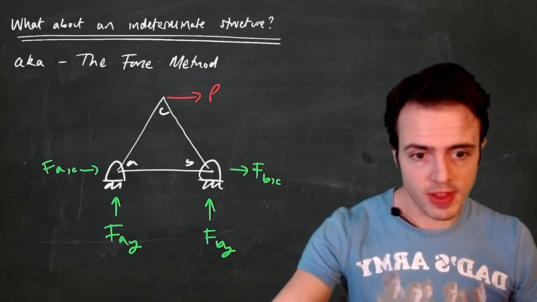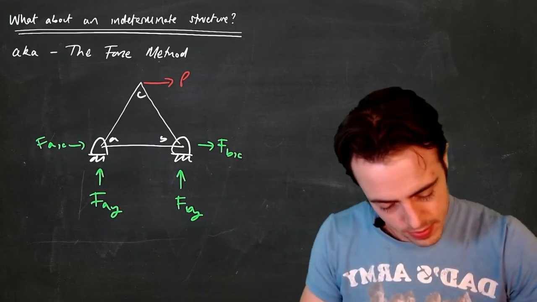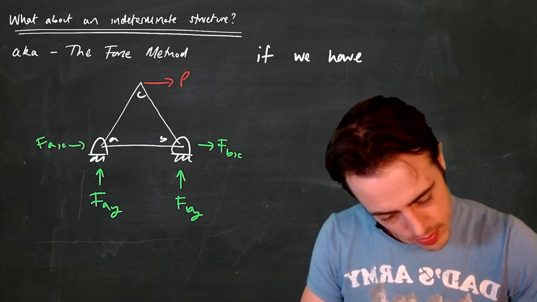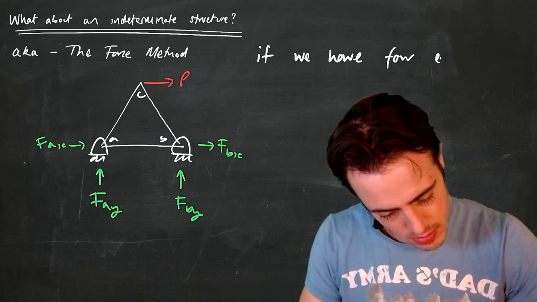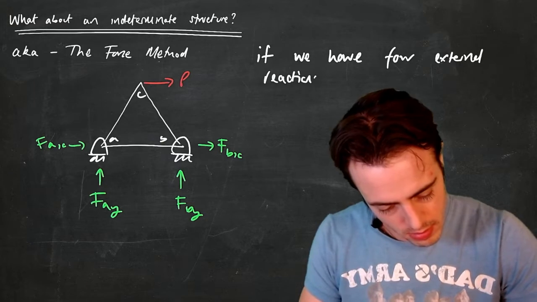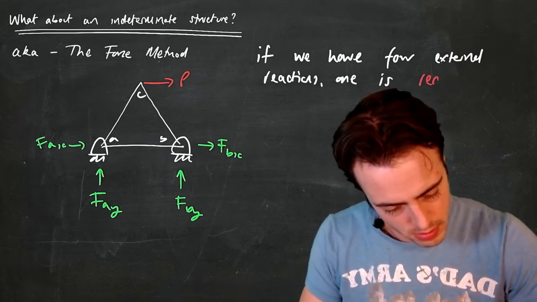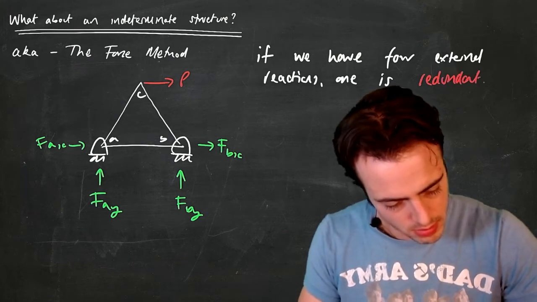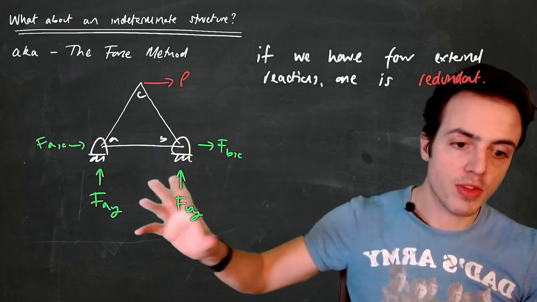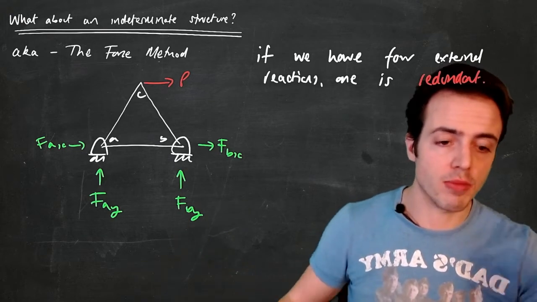So one of these is what we call a redundant reaction. One of these is redundant, which means that we can take it away and the structure will stay in static equilibrium without that reaction being there.